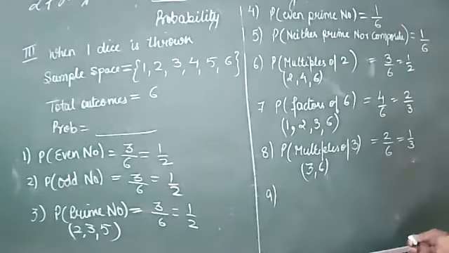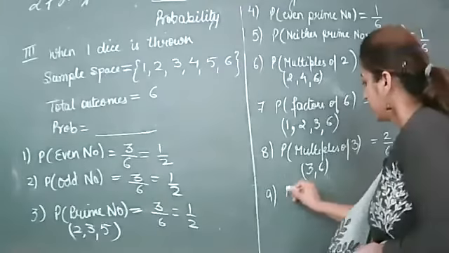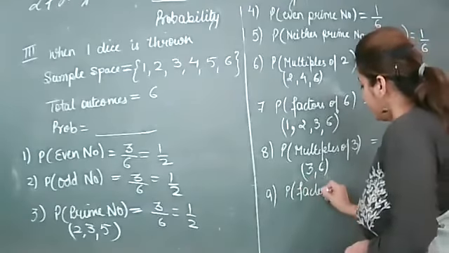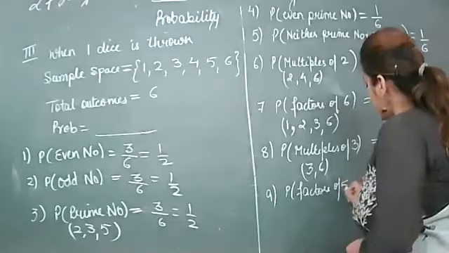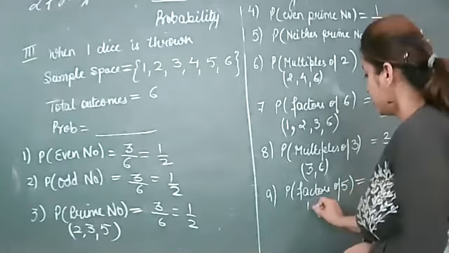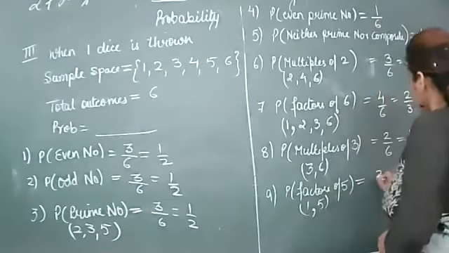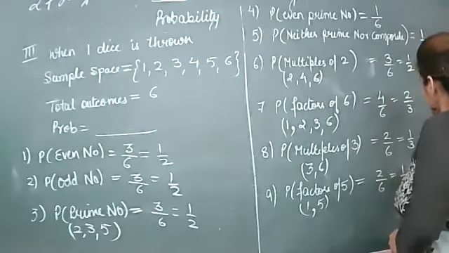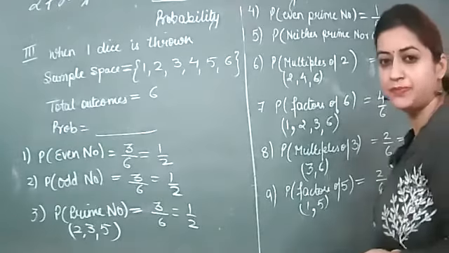Ninth part. Factors of 5. 1, 5. 2/6, that is 1/3.